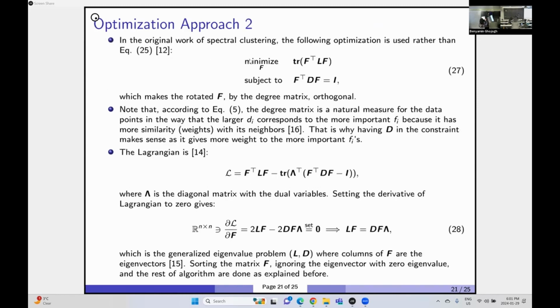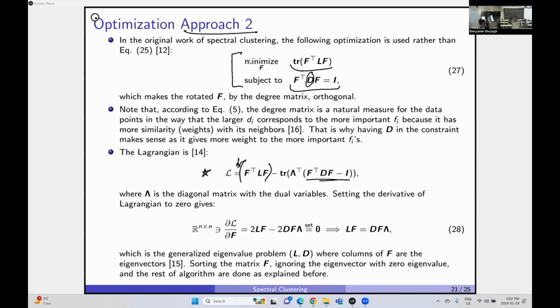Now in the original work of spectral clustering, this is approach 2. The following optimization problem was used. So the difference is that they put the degree matrix here in the constraint. Okay. Now, if we do that, what happens? The Lagrangian would be the cost, the actual cost, which has a trace, and this is the constraint. Okay. This is the Lagrangian, minimize it. So basically, it's an unconstrained optimization problem.